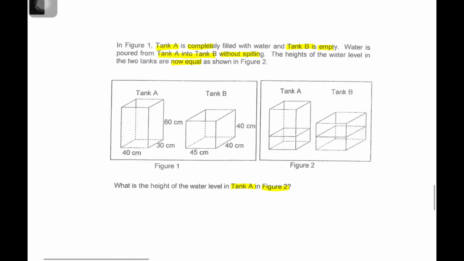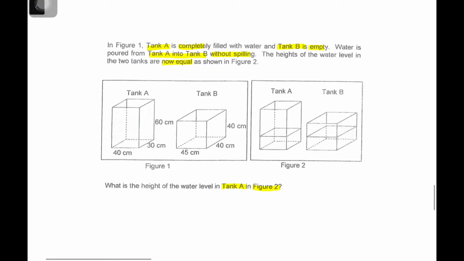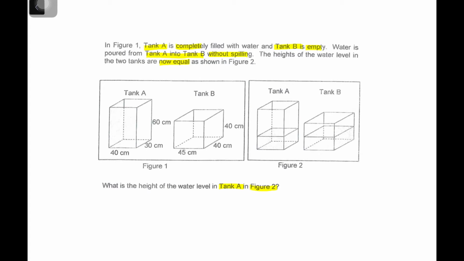So let's understand the question. What the question states is that originally tank A is completely filled with water. So this shows it's completely filled, and water is then poured from A into B without spilling.